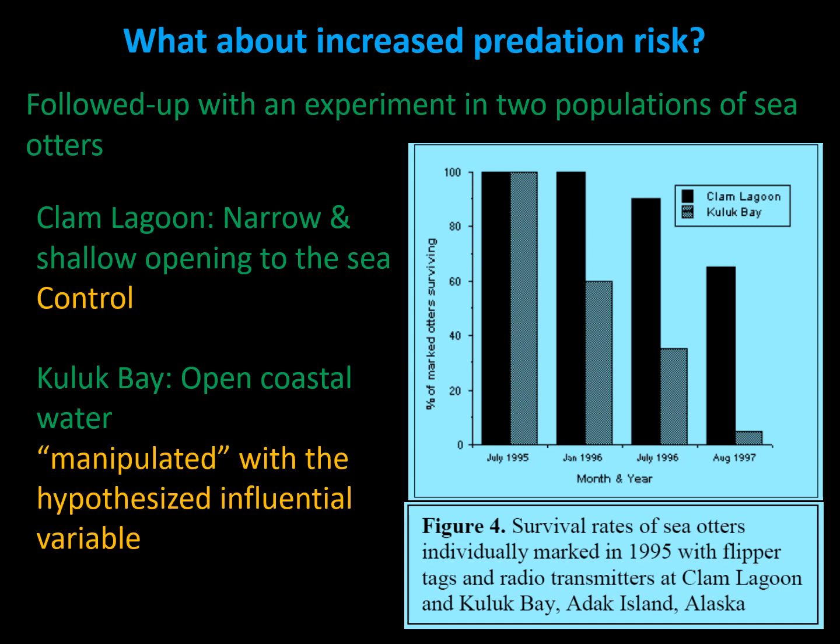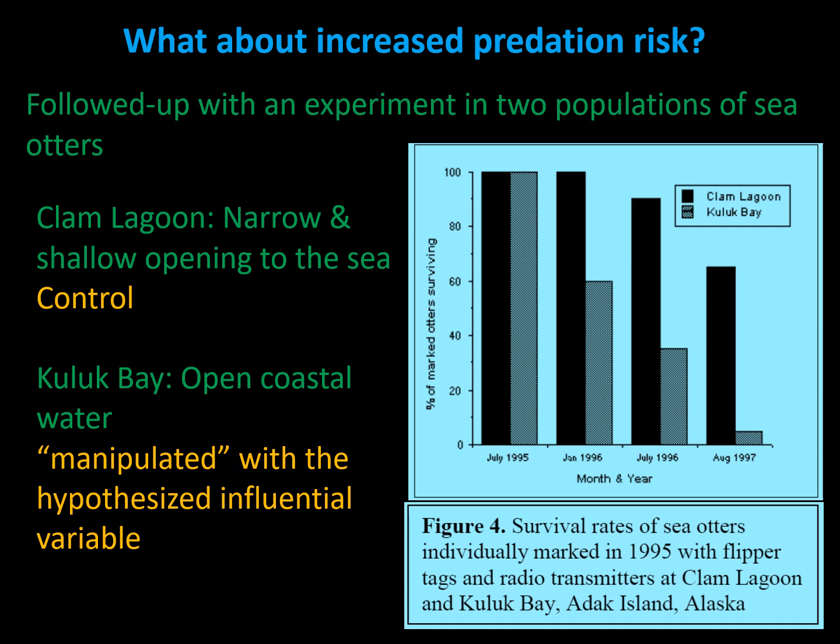So the same habitats, the same area, same experiment, but you can see generally the conditions, the population, or the percentage of marked otters surviving as seen in the y-axis were relatively stable in Clam Lagoon but declined tremendously in Kulak Bay.